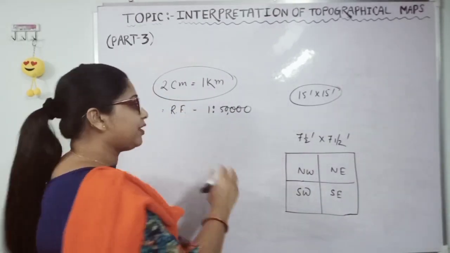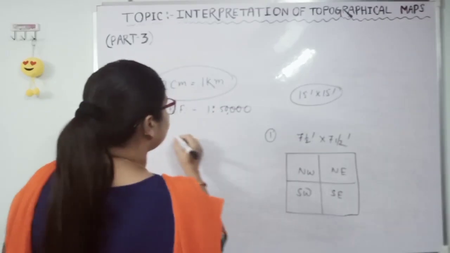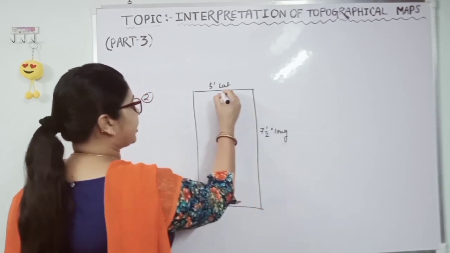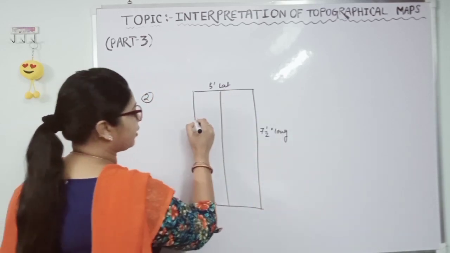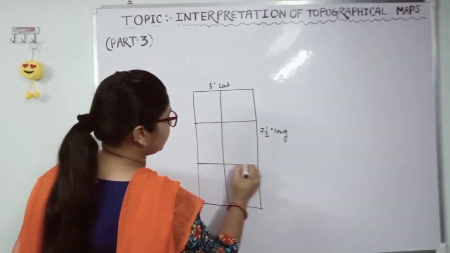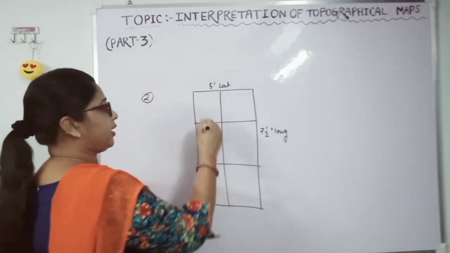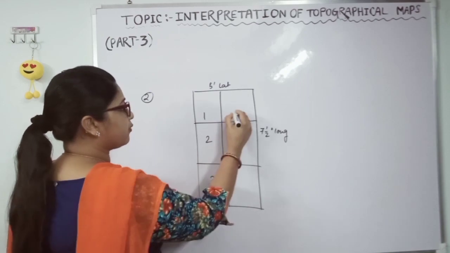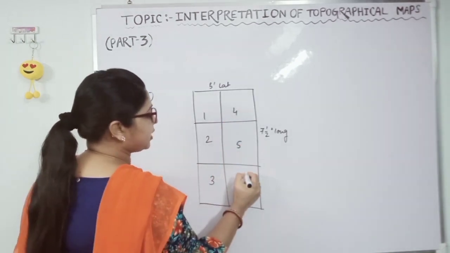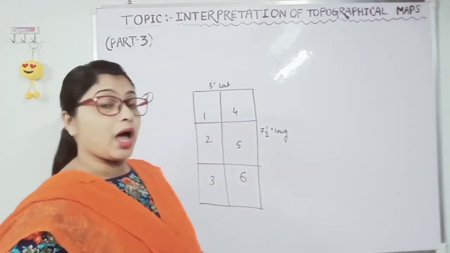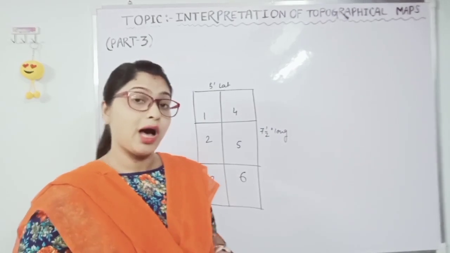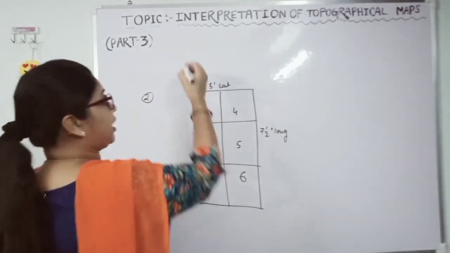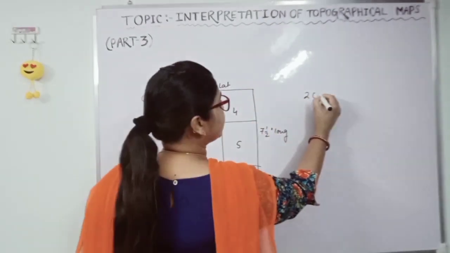Okay, they have done one more division. The surveyors divided this rectangular grid into 6 parts: 1, 2, 3, 4, 5, 6. Okay, but our topic of discussion was how the scale of our topo sheet came to be 2 centimeter equal to 1 kilometer.